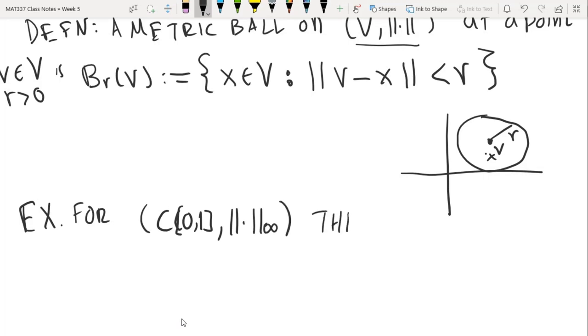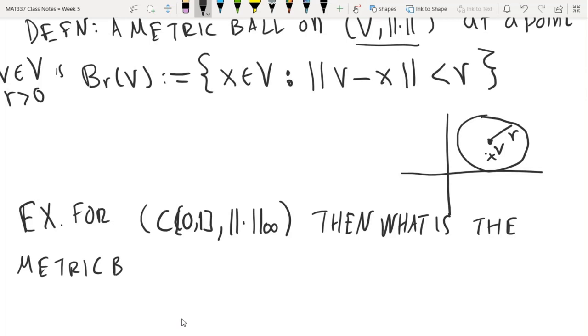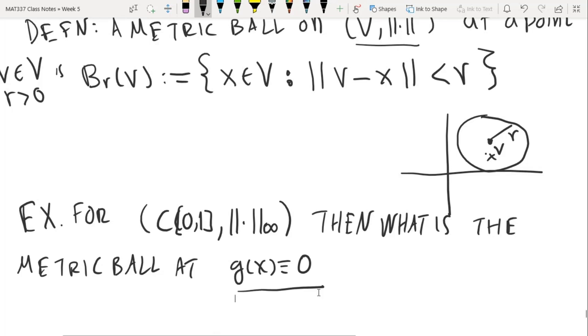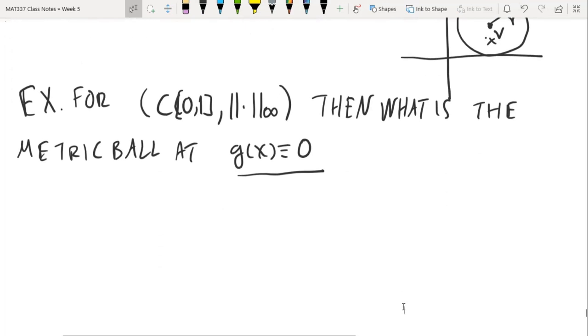Then what is the ball, the metric ball at the function 0, just for simplicity?